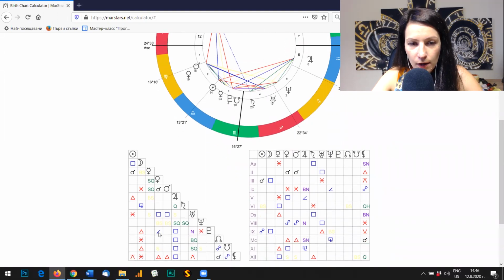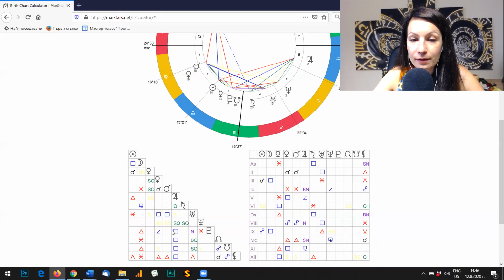Also, there is a semi-square with Venus. So changes, some kind of emotional frustration is possible, there could be jealousy, there could be some kind of drama that Venus with Pluto can bring.